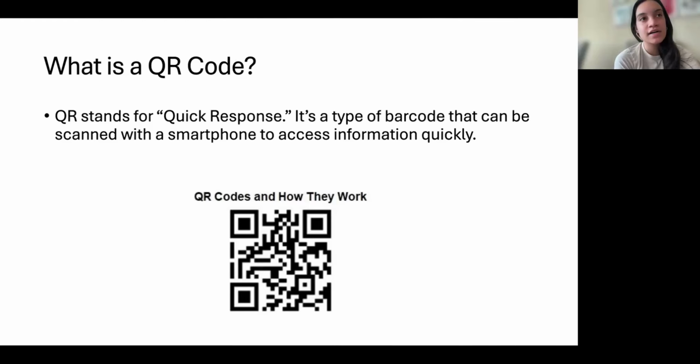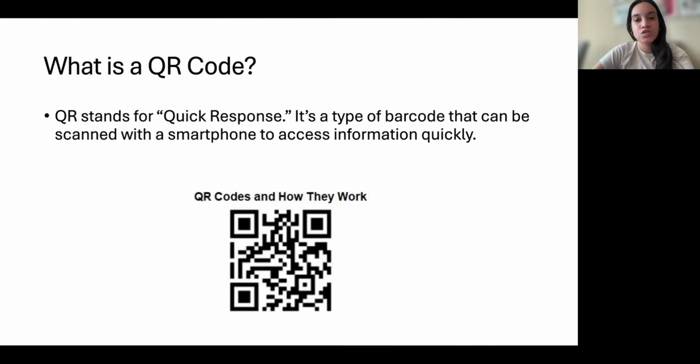Instead of going to Amazon and typing www.amazon.com, and then looking for that specific item or product, QR codes will send you exactly to the place that they're trying to advertise or sell you, whatever it may be.